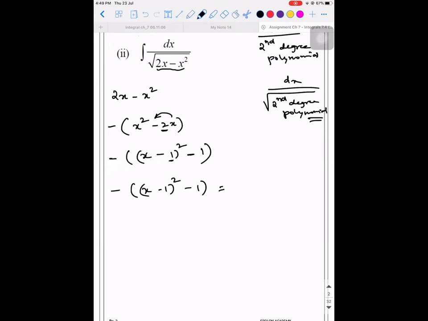Now you can write it back in the standard form. It will be 1 minus of x minus 1 the whole square. So what I'm trying to say is 2x minus x square is the same as this. Since I explained, you got these many steps, but you can directly write it in one step itself with practice. Are you guys clear with this? Yes, sir.